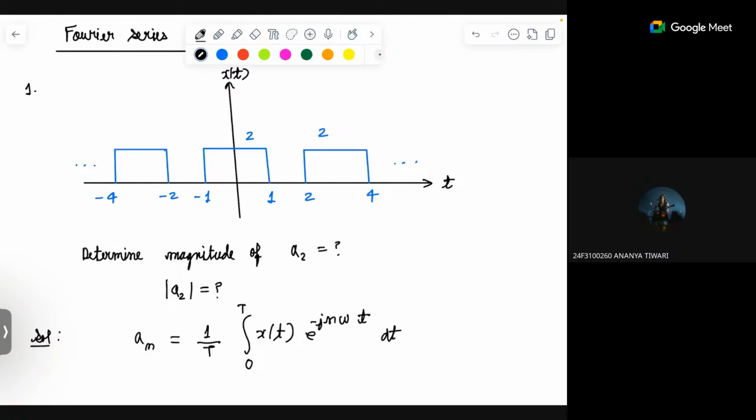Ma'am, at that T value we put the 3? Yes, yes. T is the time period now. In this formula, T is time period only.